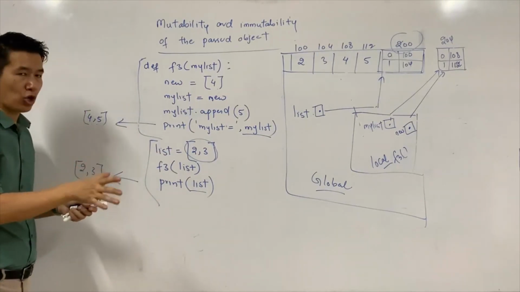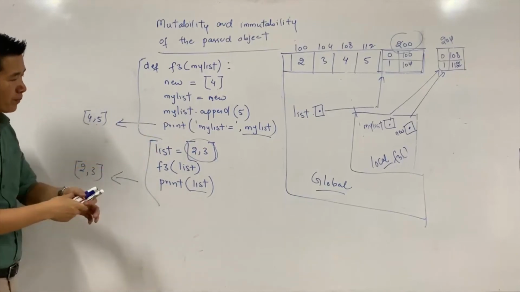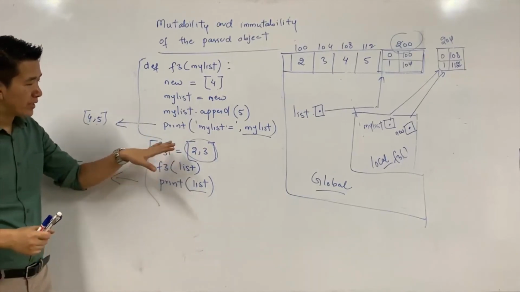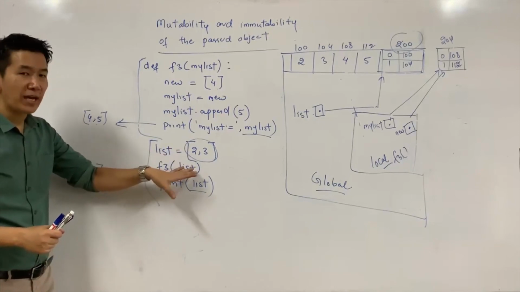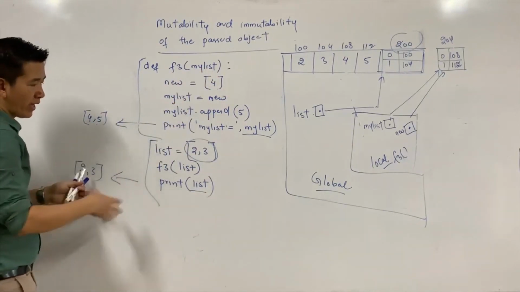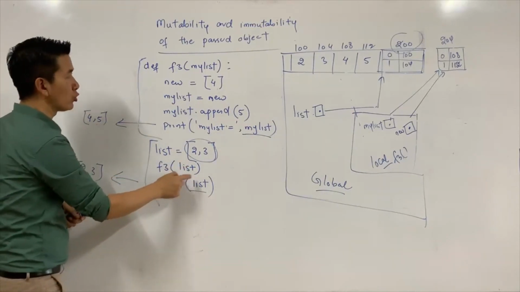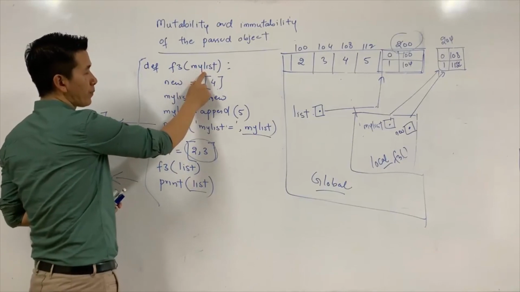So this is the moral of the story when it comes to the third program. Look here, let's just repeat it. If you send the mutable type to a function call, function definition, as is the case here, list is mutable, I sent the mutable argument to mutable parameter.